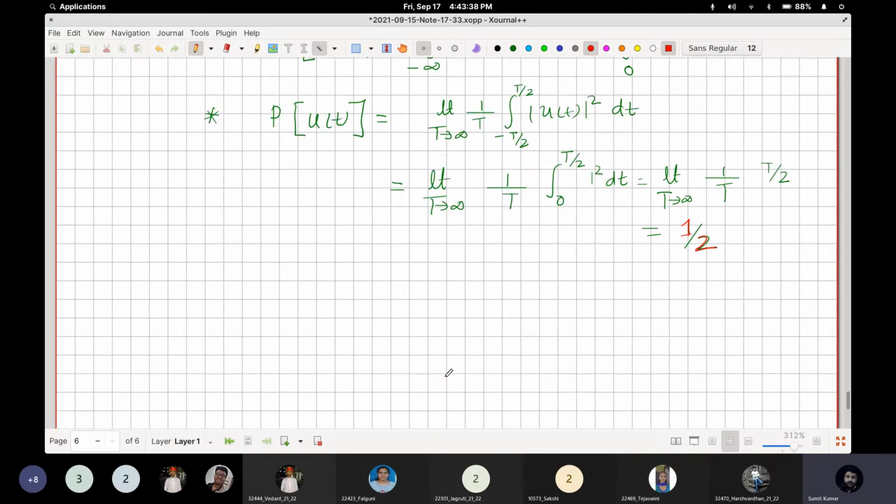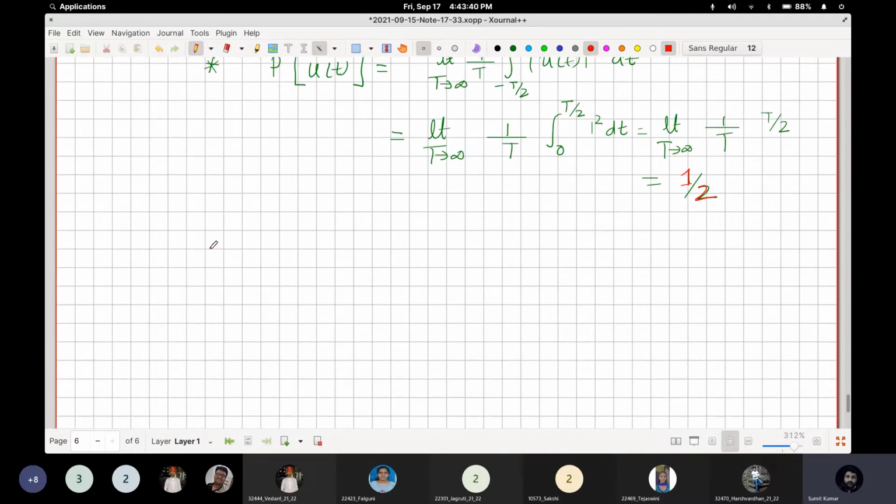Now coming back to the fourth property, which is related to differentiation of u(t). If you differentiate u(t), d/dt of u(t), this is equal to δ(t), the unit impulse signal, and I will prove it at some other point.